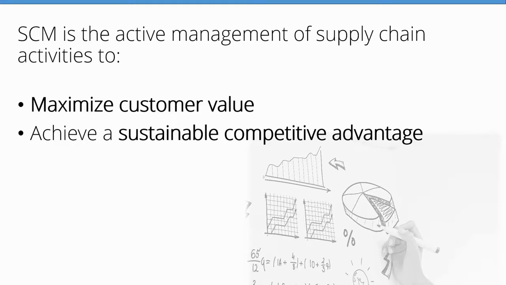Once we have that customer, we want to be able to sustain that and have a competitive advantage against others who are in similar businesses. So supply chain management is one of those elements of a well-run organization that allows us to do that.